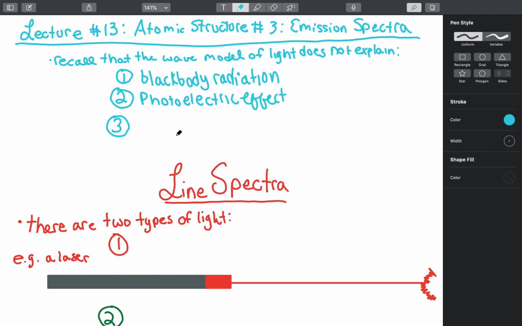And we also said that it doesn't explain emission spectra. So we talked a lot about these two things in the last video, so we're not going to be talking about these things. So if you have any questions about that, please go back to the previous lecture where I talk a lot about these two concepts. In this video, we're going to be focusing on emission spectra. So with that, let's begin by discussing what emission spectra are.